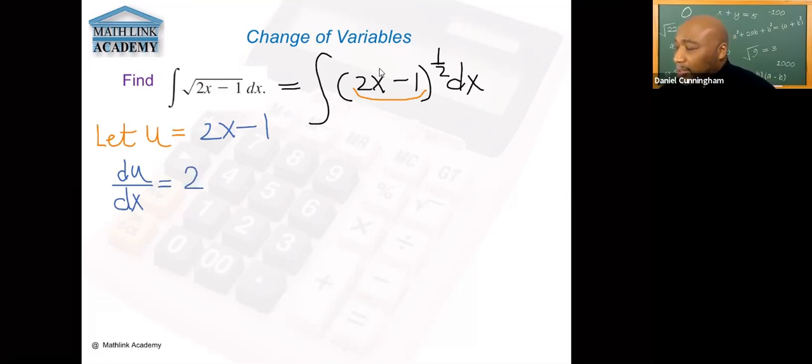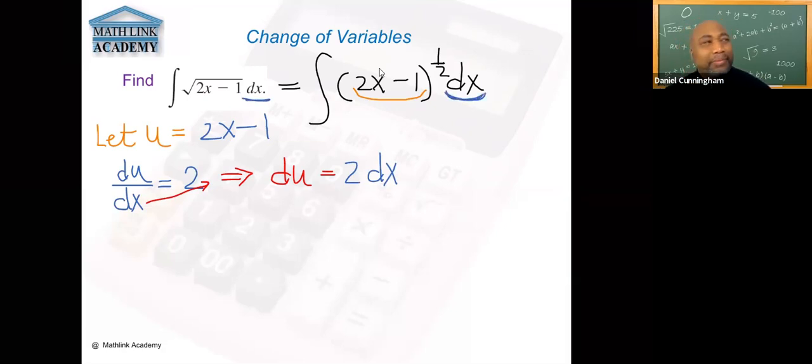Now that implies that du is equal to 2dx. Now, I don't have exactly 2dx in the problem, but I do have a dx.